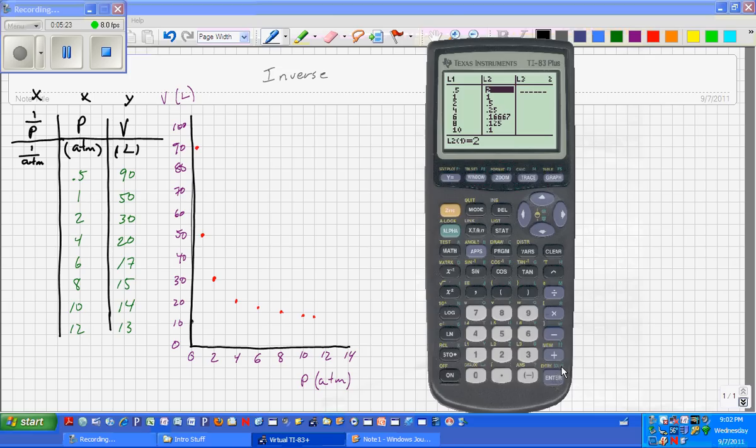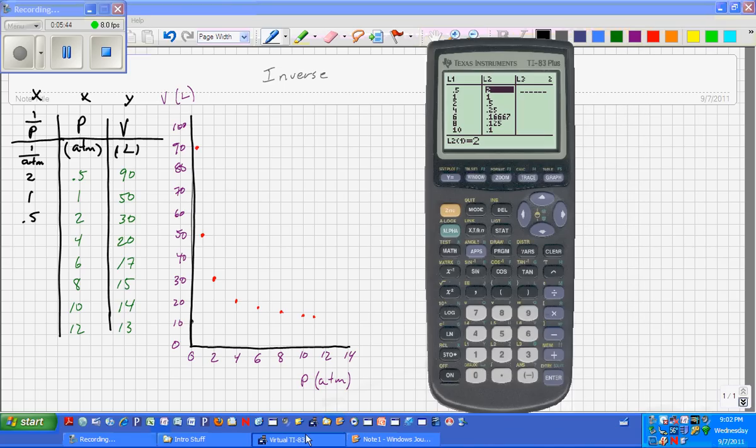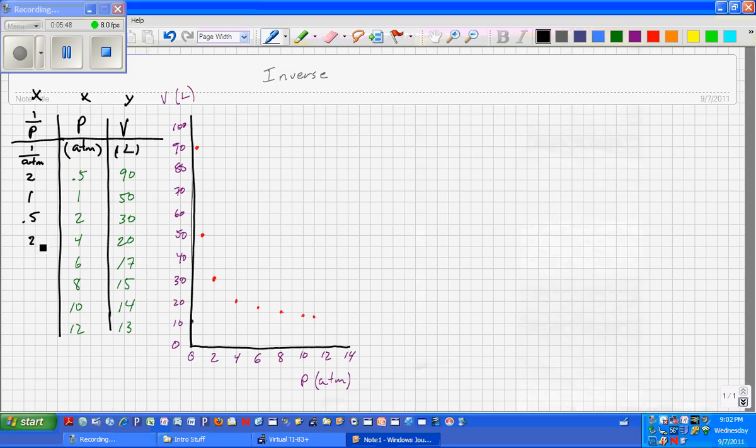So now, I don't know if I can write and look at the calculator at the same time. I think my calculator is going to go away when I start writing. So here's what I'm going to do. I got 2, 1, and 0.5. And then the next ones are 0.25 and 0.17.